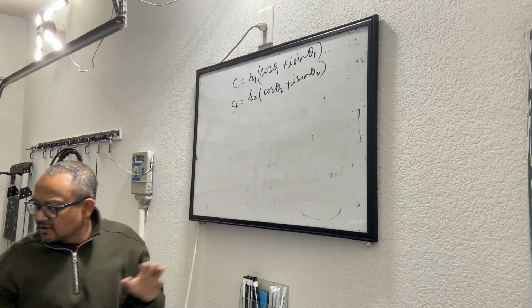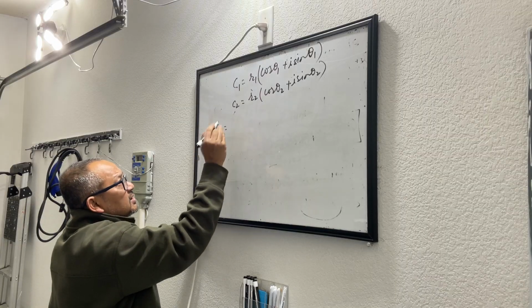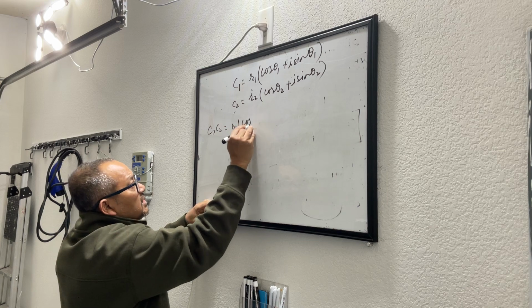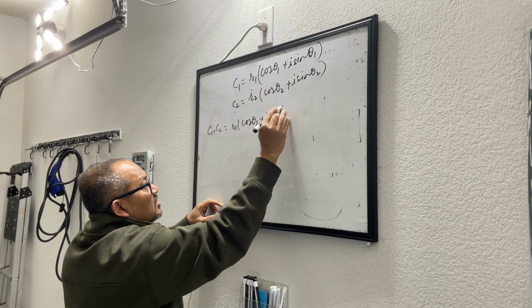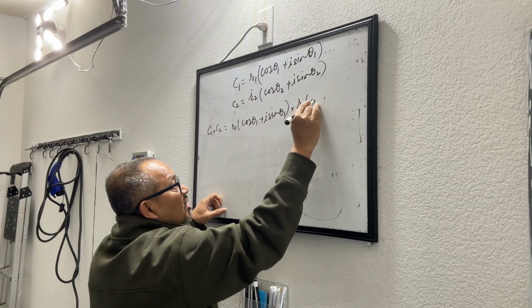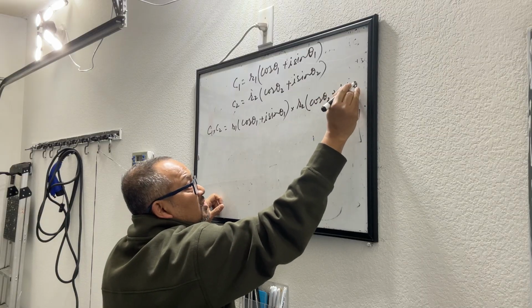Okay? I'm multiplying it, C1 times C2. This will be equal to R1 times cos theta 1 plus I sine theta 1 times R2 times cos theta 2 plus I sine theta 2.